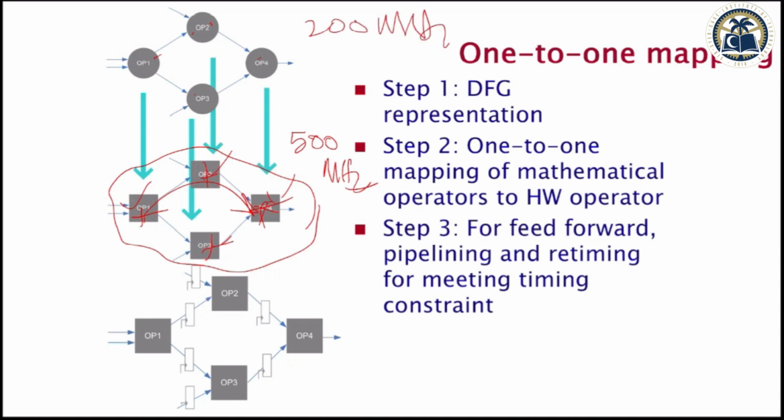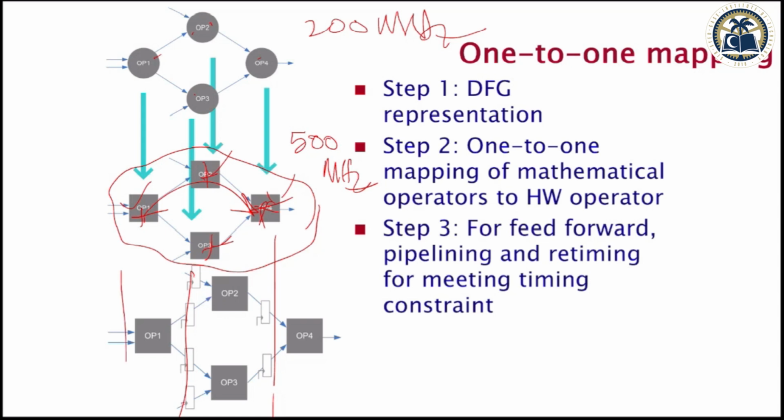The only way to make it faster is either you use faster building blocks or you insert registers in between. So these are the registers, and if it's all feed-forward computation, registers will only add latency. You will get a result after so many clock cycles, but you will be able to clock the circuit faster.